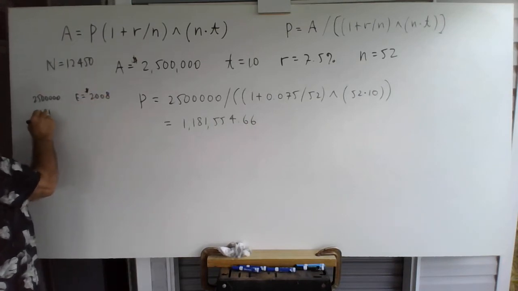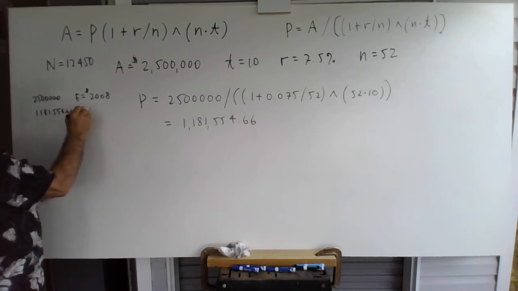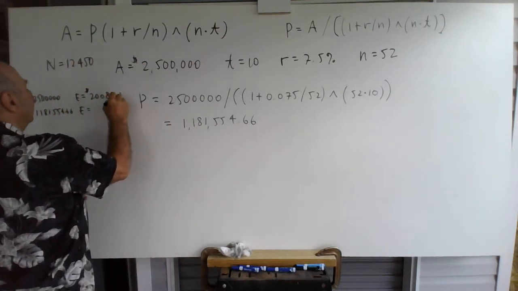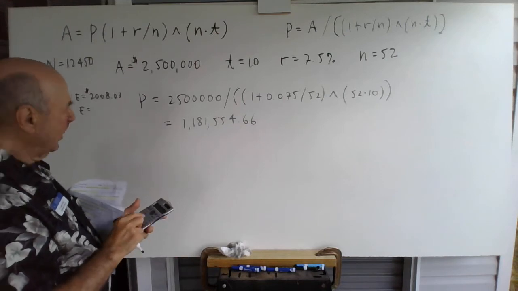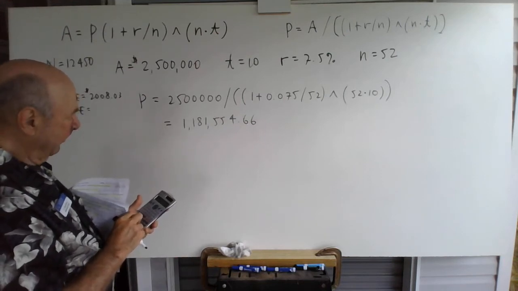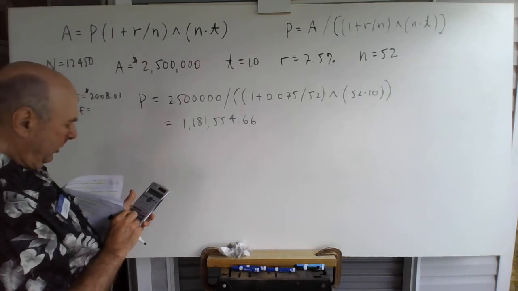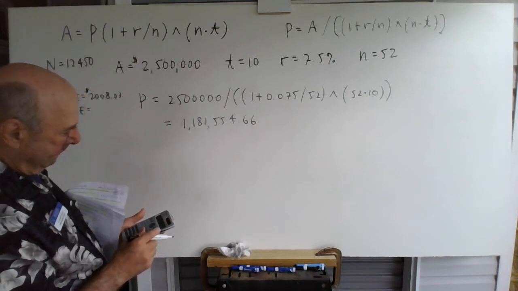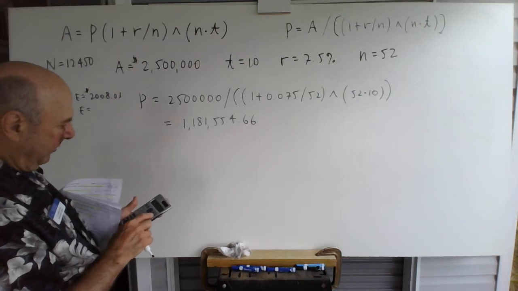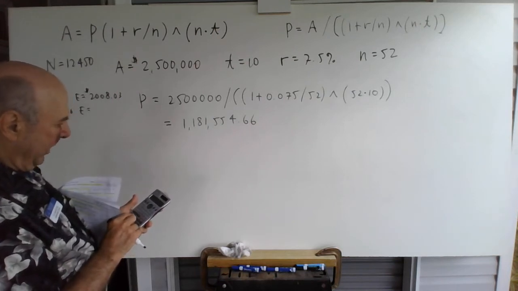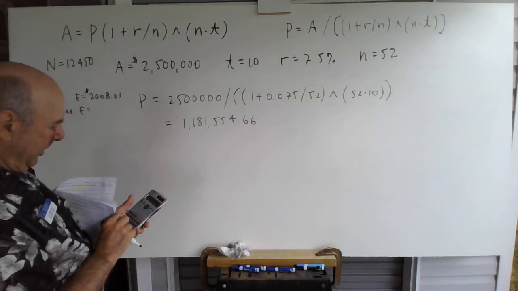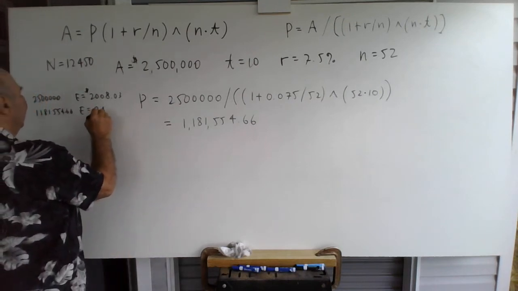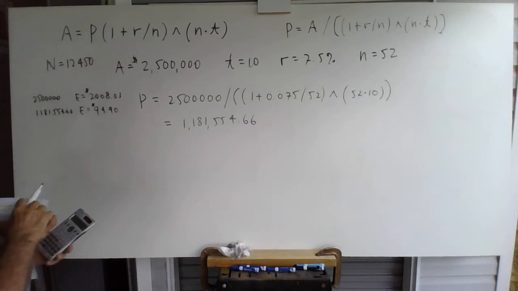For the 1,181,554.66, everybody's share would be, if I put that number in, 1,181,554.66 divided by 12,450, it's down to $94.90, believe it or not. Yeah, it's a little bit less.